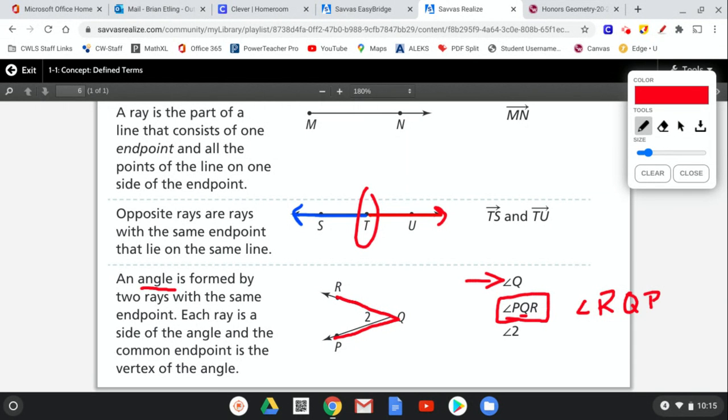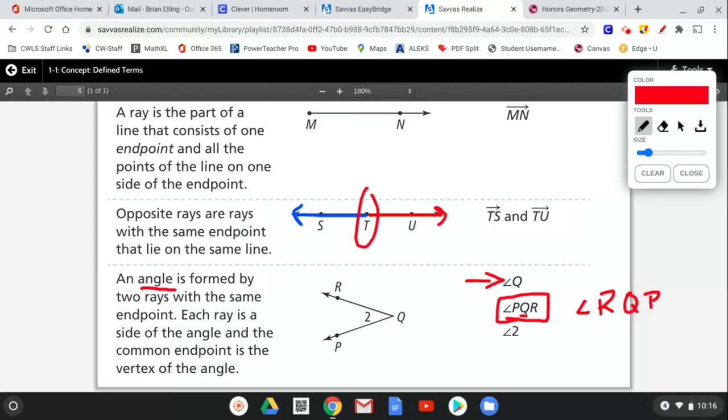And the last way to name it is they give you a 2 inside there. Guys, that's going to be the least common way to do it. And honestly, just being honest with you, the way we're going to name it is either angle PQR or angle RQP. Those are the 2 most common ways to name this angle.